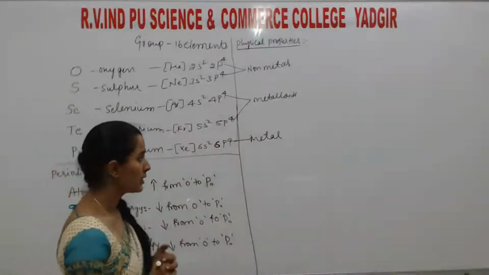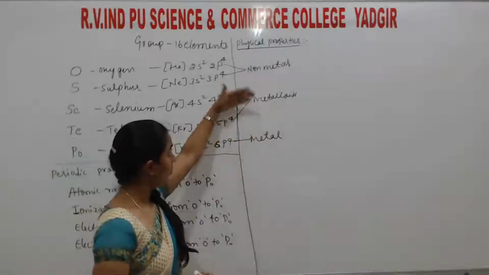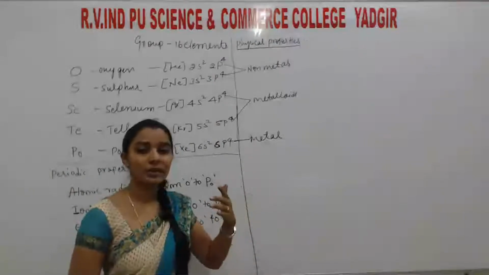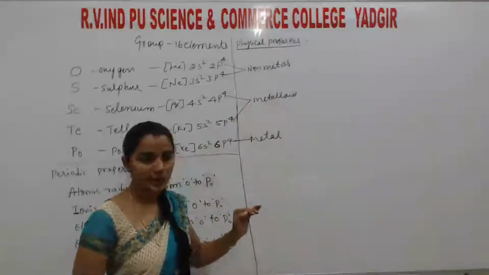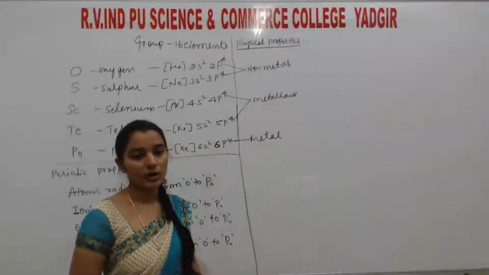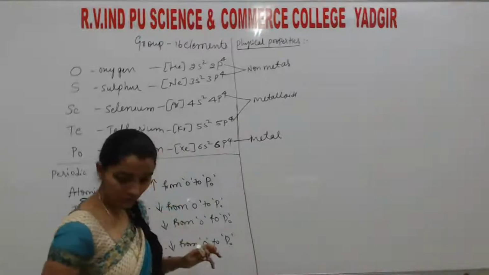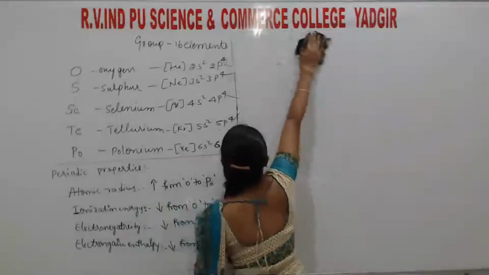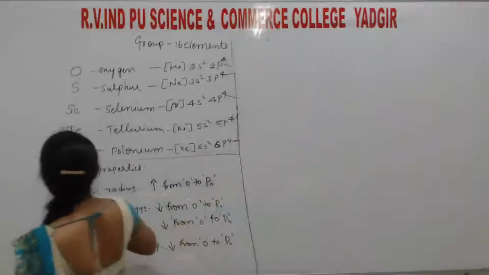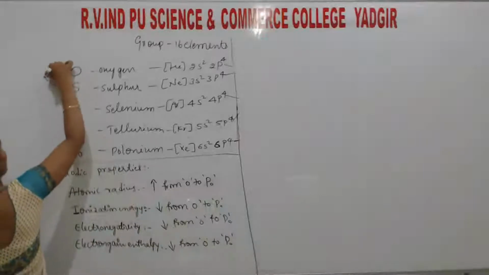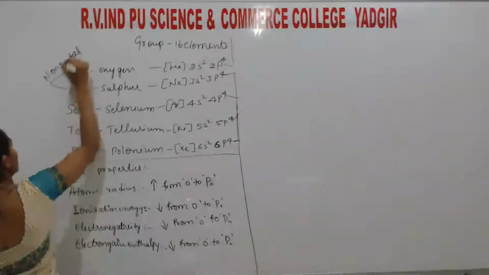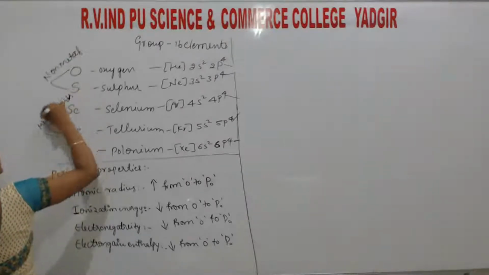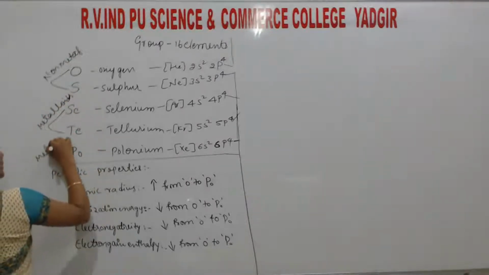As we move from top to bottom, oxygen to polonium, the boiling point increases because non-metals have a low boiling point and metals have a high boiling point.